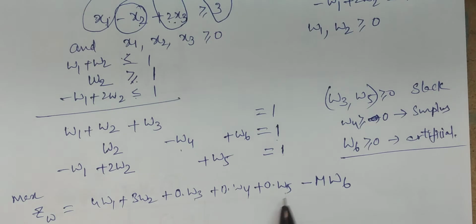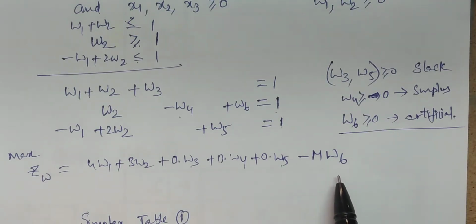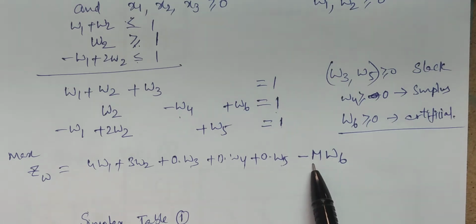Omega 3, 4, 5 are slack and surplus variables, and omega 6 is the artificial variable. Therefore we introduce minus M as the cost.